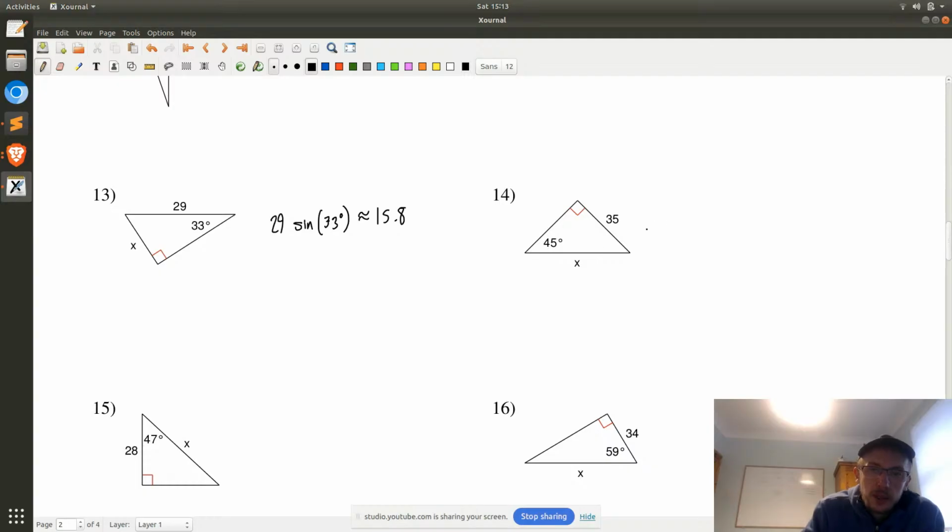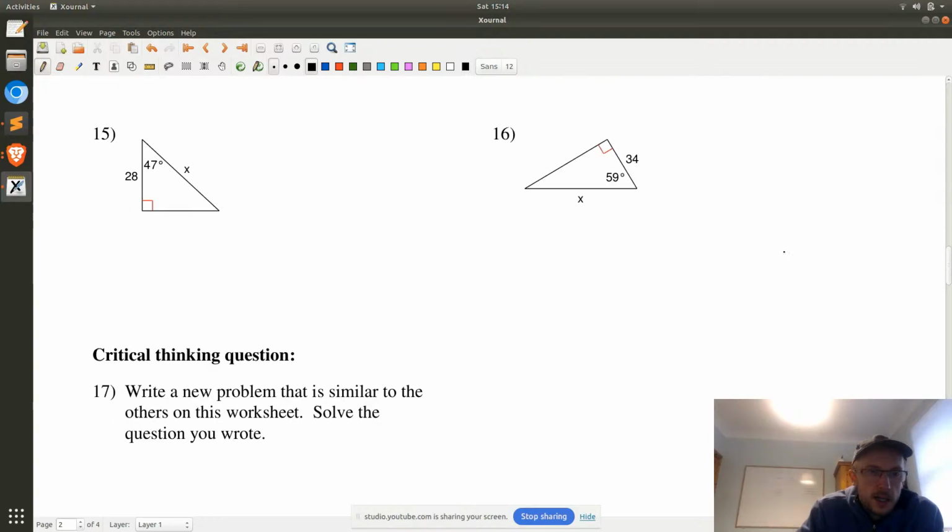Special triangle, 35 times root 2. And here, adjacent, hypotenuse, so cosine of 47 degrees is 28 over x.